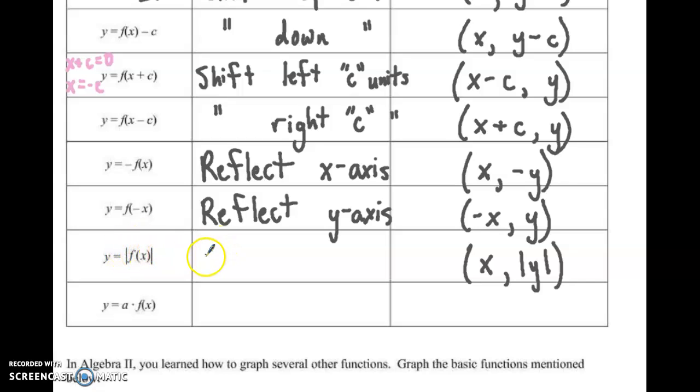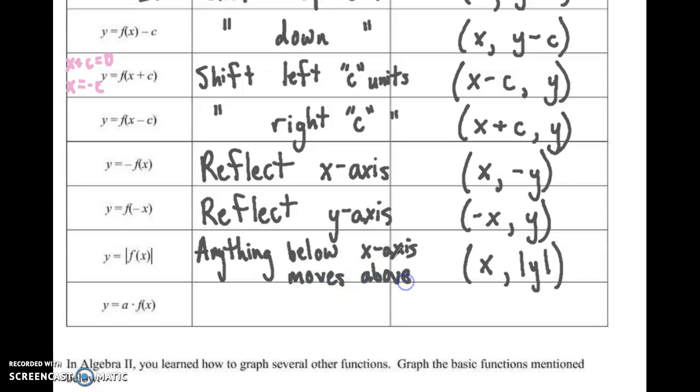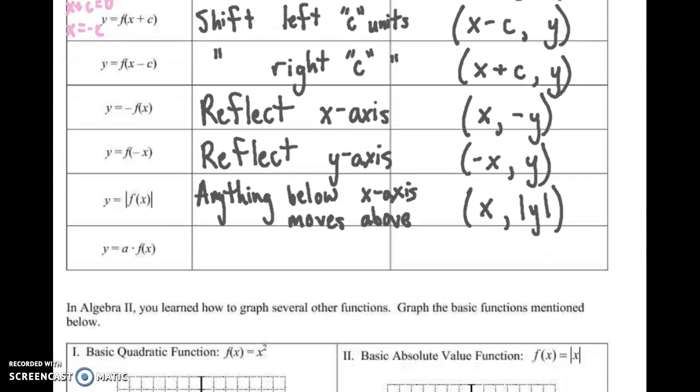So anything that was below the x-axis will move above the x-axis. Which is very important once we get to calculus. So keep this in the back of your mind. I know calculus is a year away, but we're going to get there.